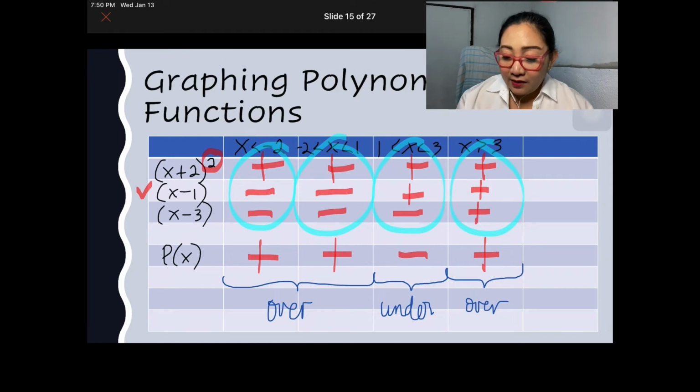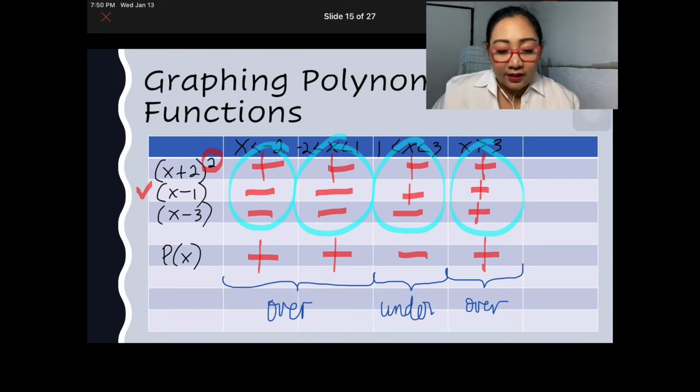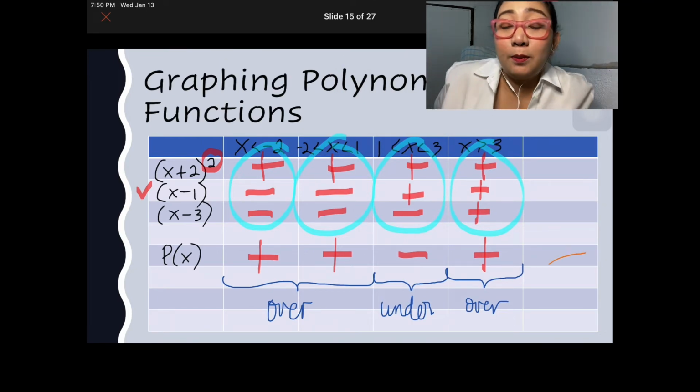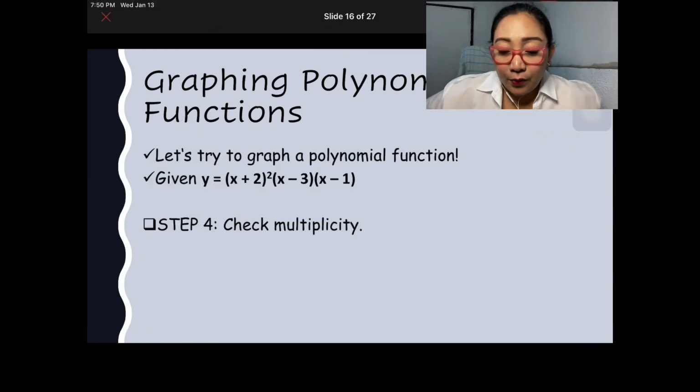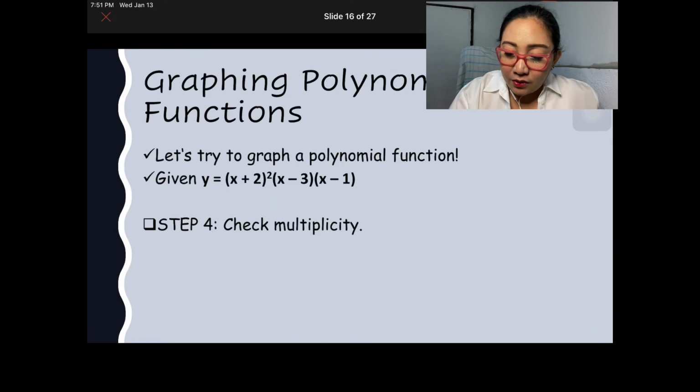So, isang aspeto na lang at yan po yung tinatawag natin na multiplicity. So, we are going to check the multiplicity for each intercept para malaman natin kung tangent or mag-cross dun sa area na yun. So, we have at x is equal to negative 2, at x is equal to 1, and at x is equal to 3.